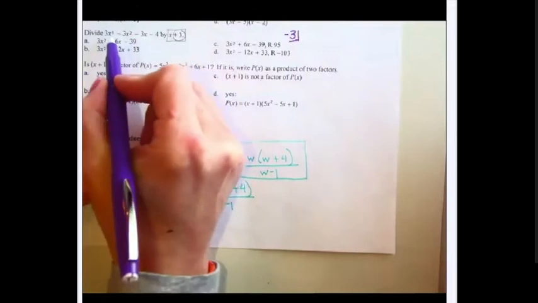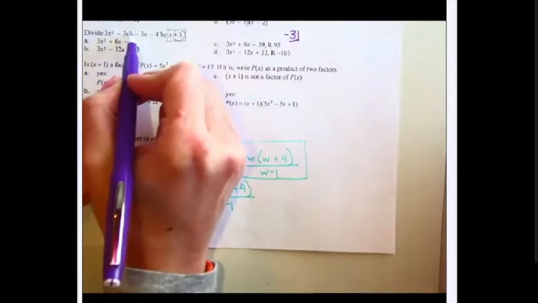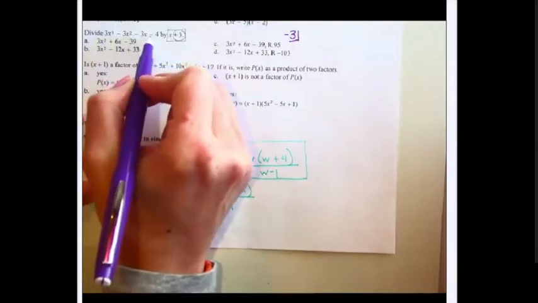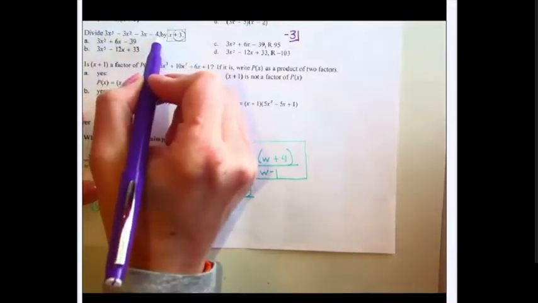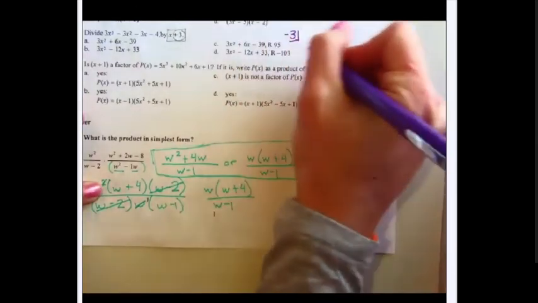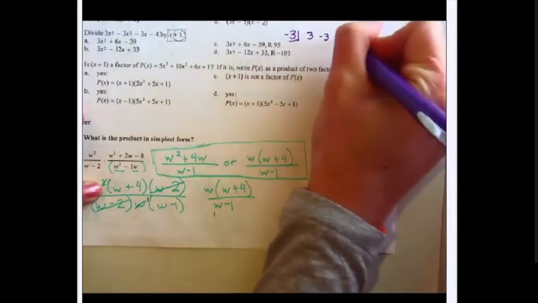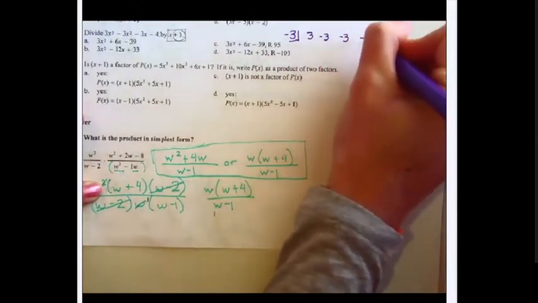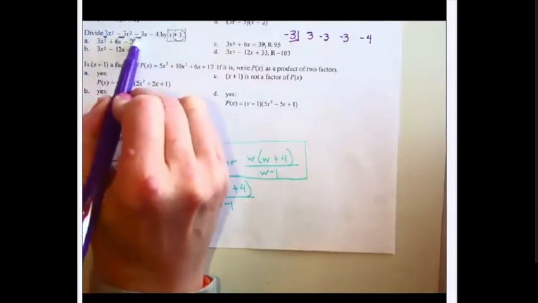So this is 3x cubed, so that's to the 3, minus 3x to the 2, minus 3x minus 4. So 3, 2, 1, and then no x's here. So we're just going to put all of those coefficients beside it. We've got 3, -3, -3, and -4. So just these numbers out front in order as we see them.